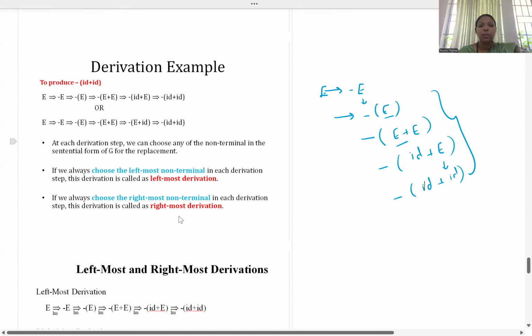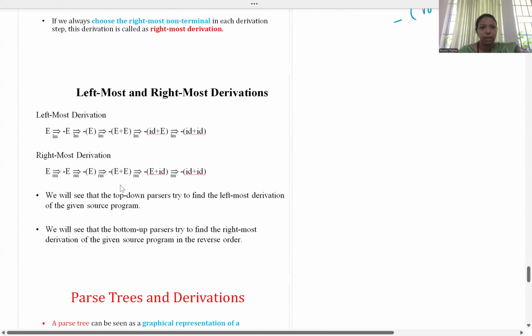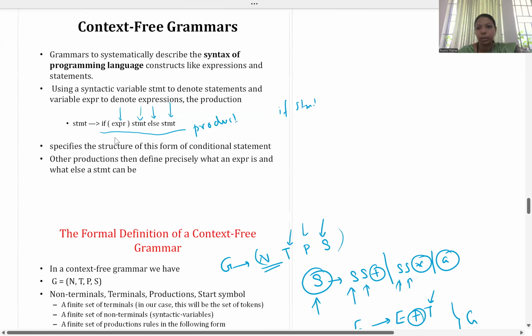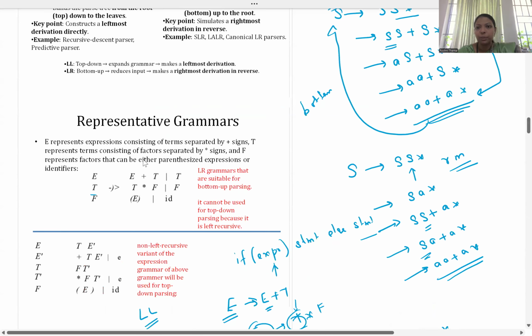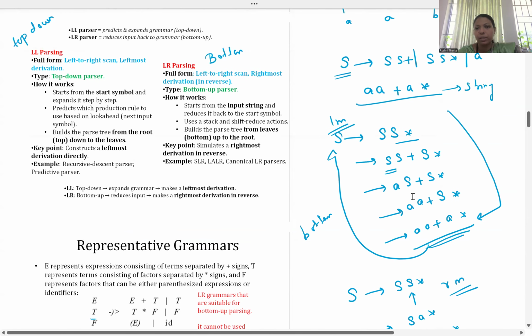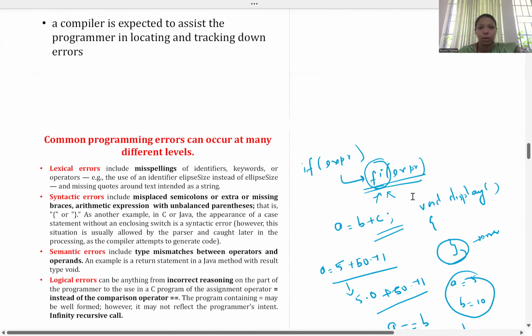So these are the derivations. Here is the example given. This is an example for rightmost derivation, and here is an example for leftmost derivation, which I have explained. What are the different ways we can derive and come to the outputs?